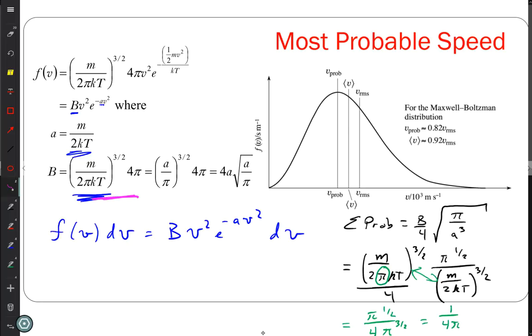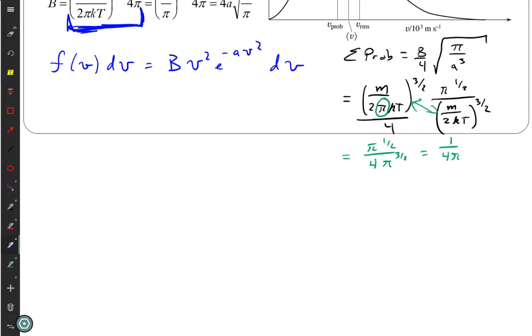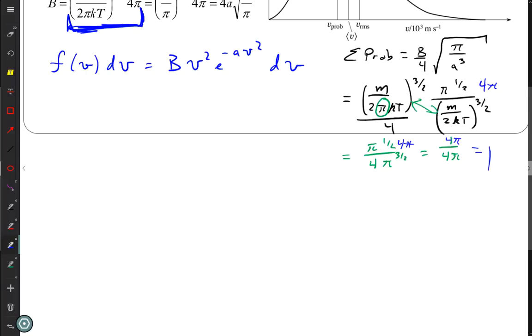B goes all the way out to there. I forgot the 4 pi in B, which, of course, adds a 4 pi on top. So, through making a mistake here and there, we finally got to the conclusion that this equation is at least legit in that it says that the sum of the probabilities has to be 1.